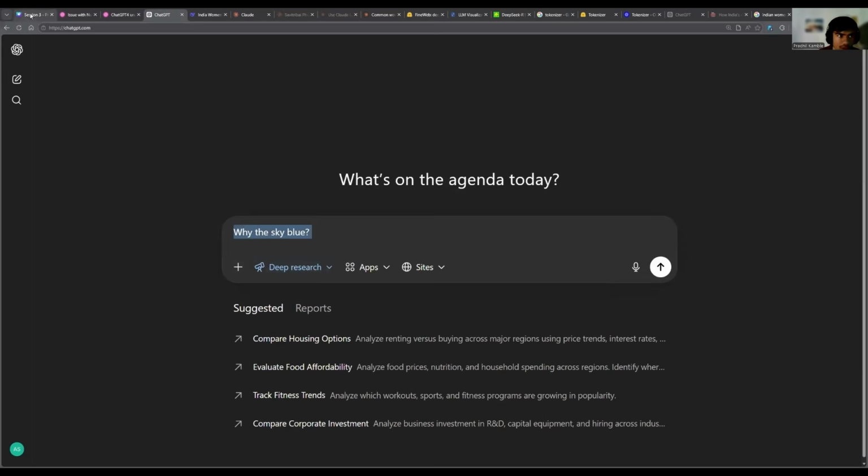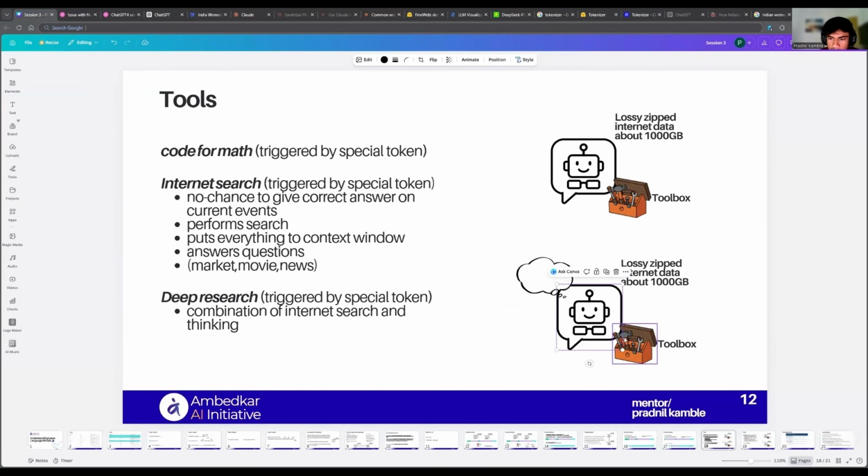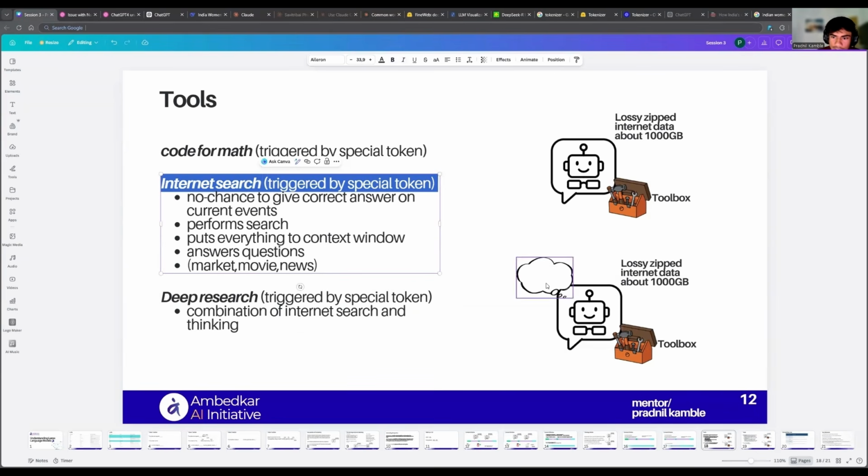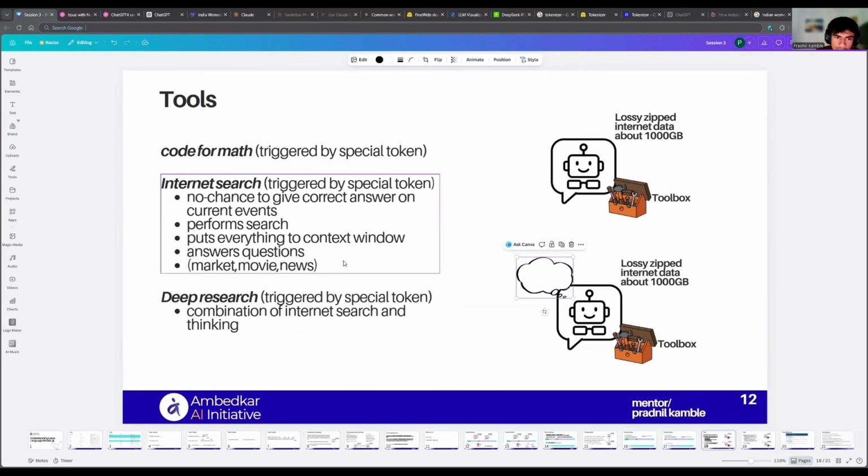Now you will have the internet search toolbox with a thinking model. The model will not just search the internet based on your prompt, but it will also think. It will create more tokens, and it will try to search everything around the context that you have built in its working memory. That is what really gives you more power.